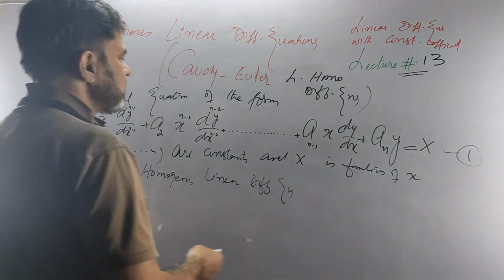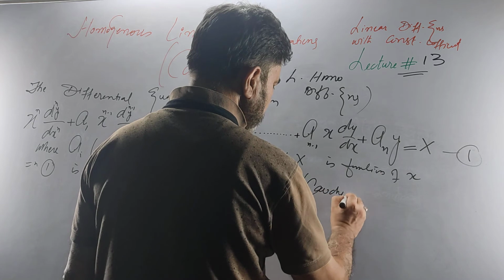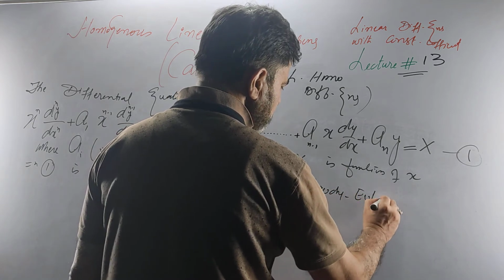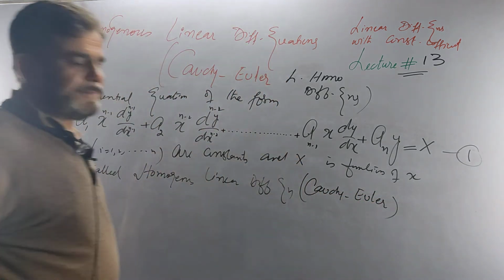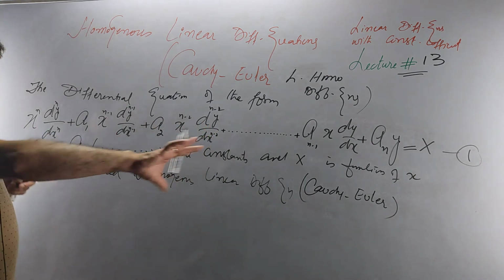The form is Cauchy-Euler. You have understood how we recognize this.